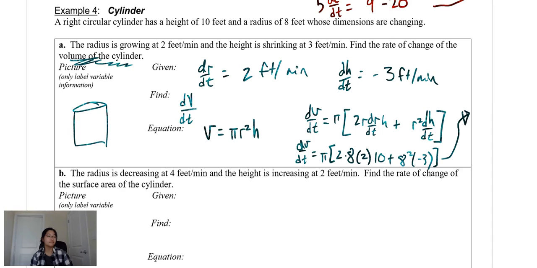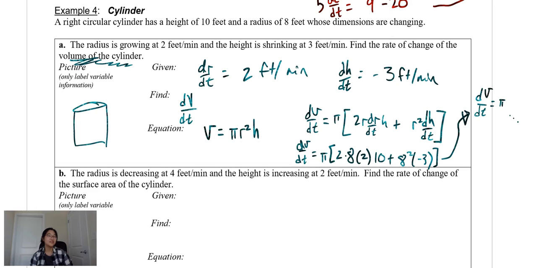What is that? dV/dt is pi times, what is that? 320 minus 6. Oh my gosh. You do that.